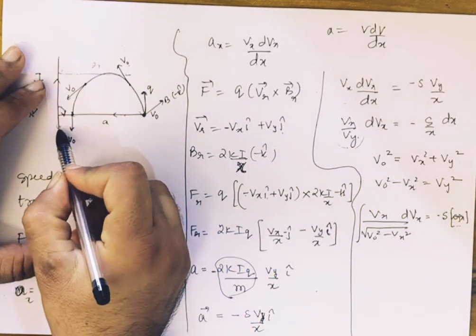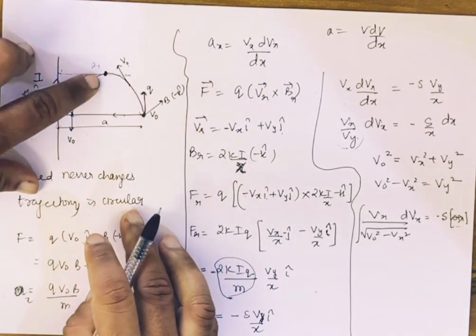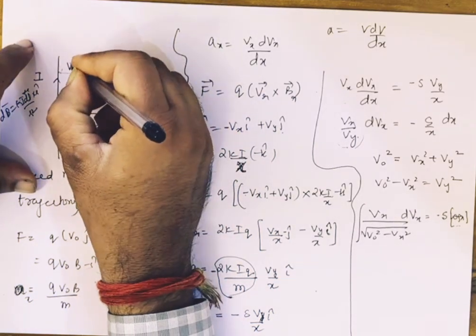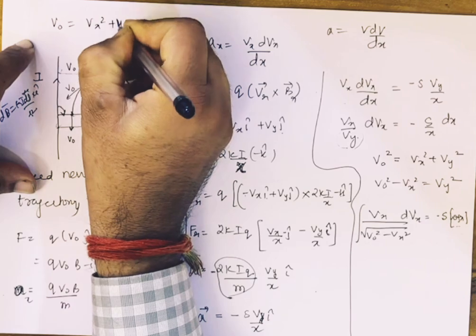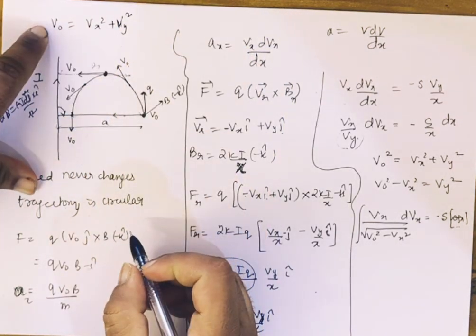Limit, first it was at distance a. Now when it reaches here, the x component of velocity will be v naught only, because always speed is v naught. V naught square is Vx square plus Vy square. At the highest point there is no Vy, so Vx will become v naught.